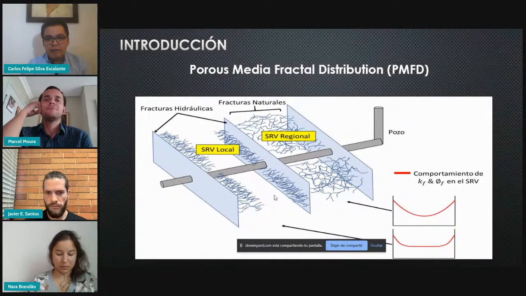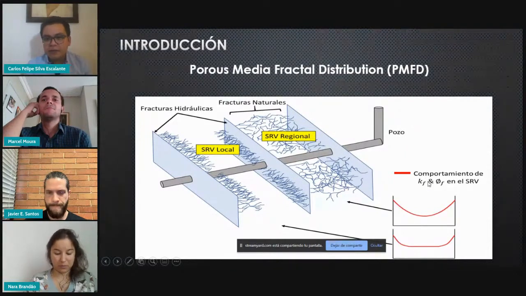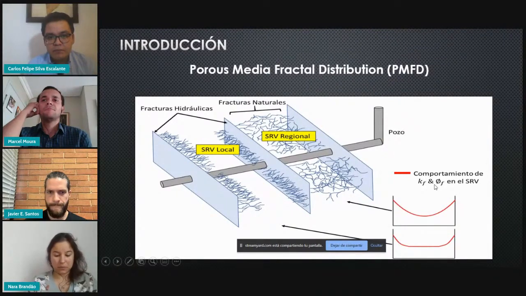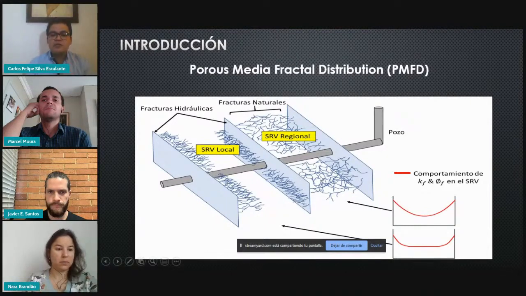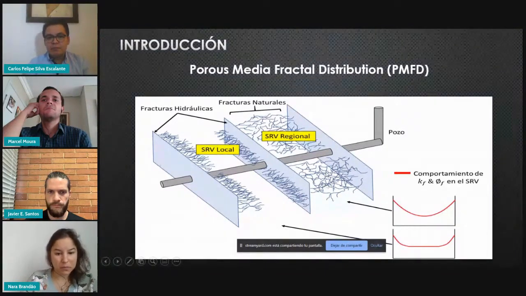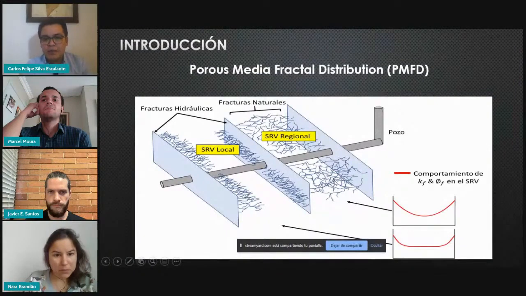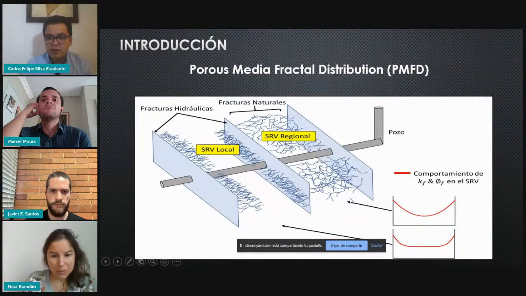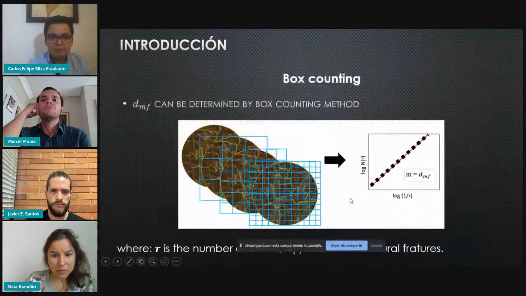If we have this case, we consider this behavior of the permeability and porosity of the natural fractures, just in this case. Then, if we consider totally connected natural fractures, we have this power law behavior.